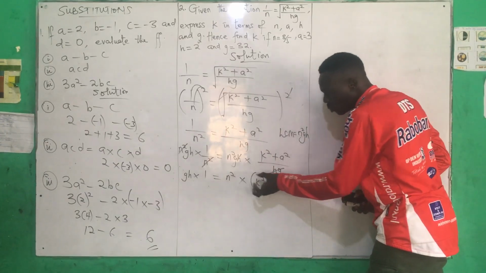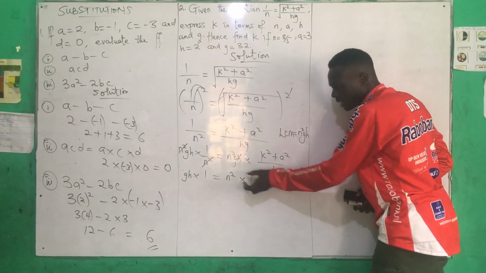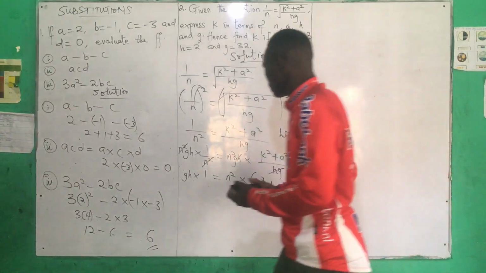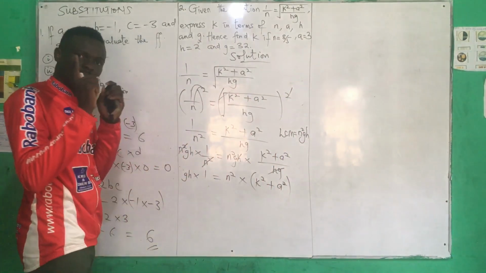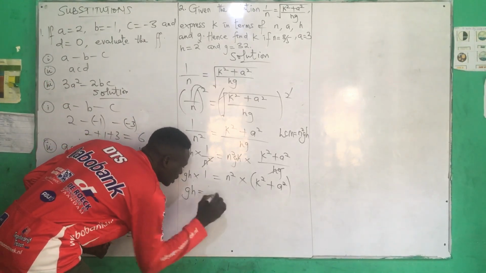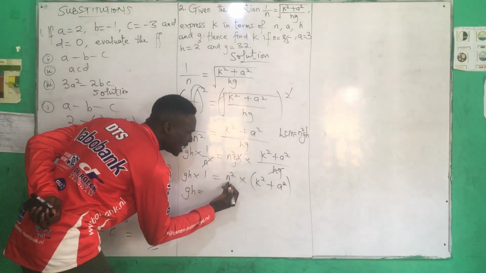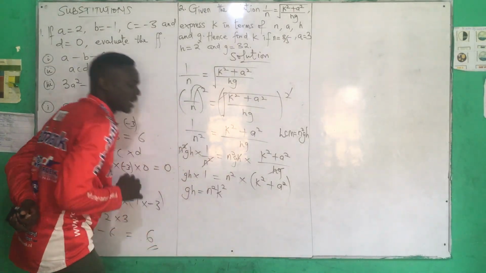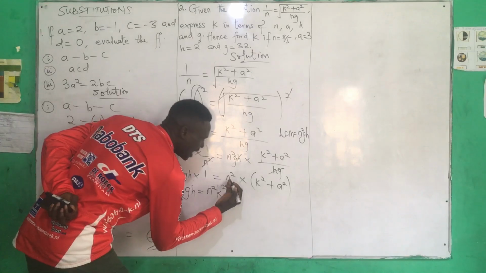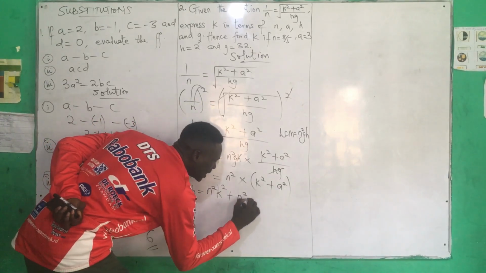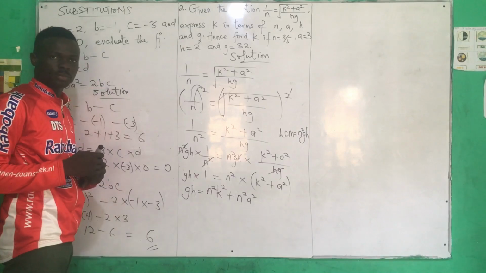So that the n squared will multiply this, then the n squared will also multiply this. So now let's continue. We are making k the subject. So we are going to say gh is equal to n squared times k squared will give you n squared k squared. Then n squared times a squared will also give you n squared a squared.